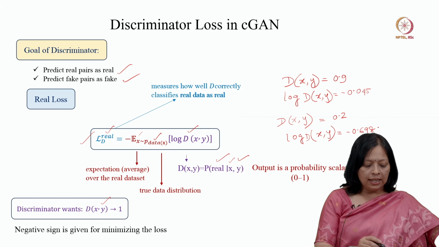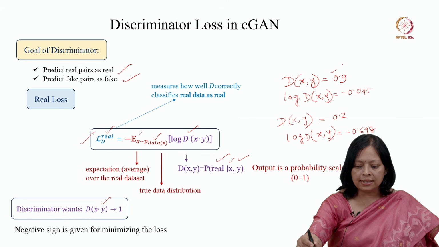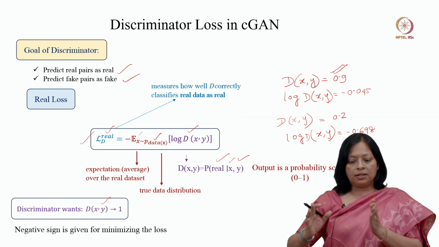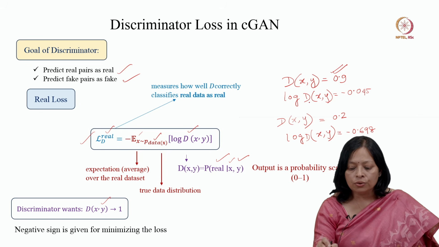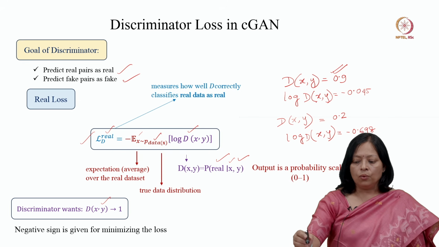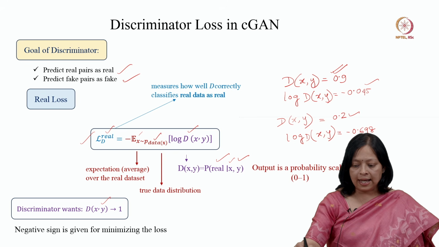Now, the discriminator wants D(x,y) tending to 1. So, this is what the discriminator wants. Now, when we take the log, we get 0.045 for 0.9, and for 0.2 we get 0.698.